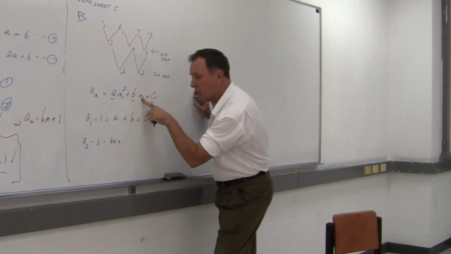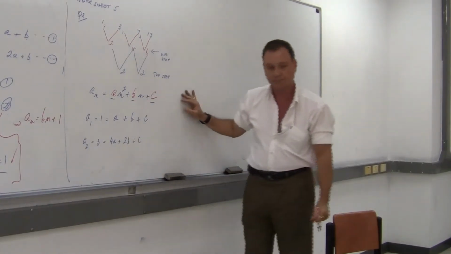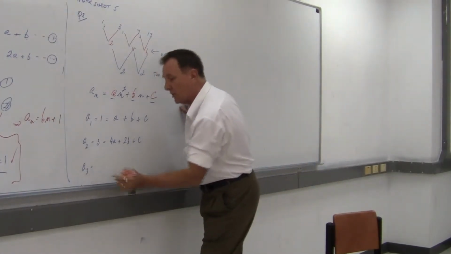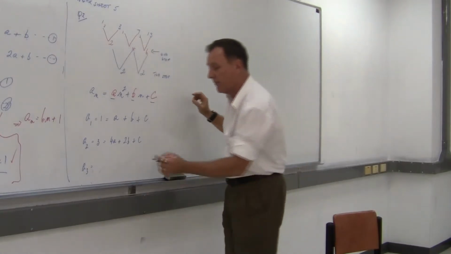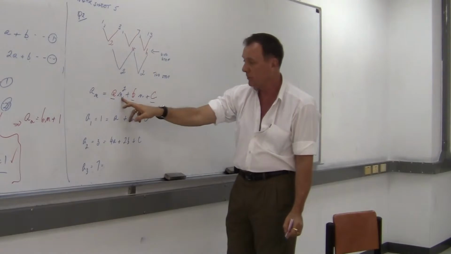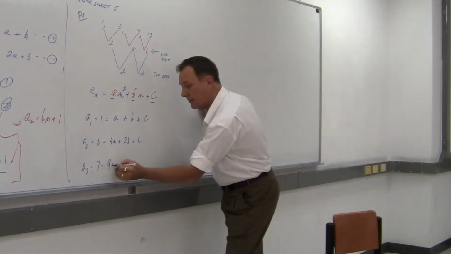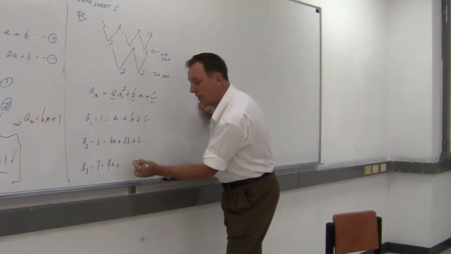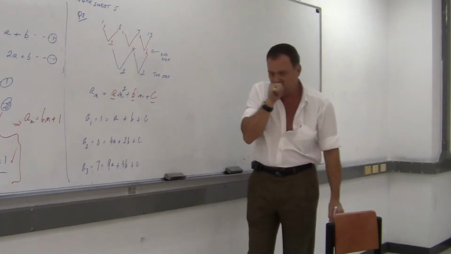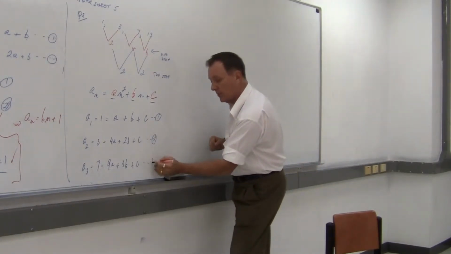Here with n equal to 2, it's going to be 2B plus C. And then A3, the third term in the sequence, is 7. n equals 3 this time. Put 3 in here, 3 squared is 9, so 9A. Here, n equal to 3, 3B plus C. 1, 2, 3.